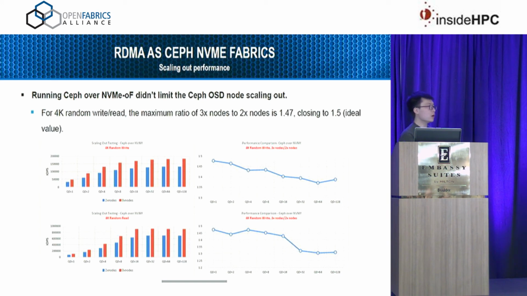From 2 OSD nodes to 3 OSD nodes, with one more OSD node, the 4K rand write and 4K rand read performance increased by 47%. That is close to the ideal value of 1.5. So Ceph with NVMe-oF scales well.